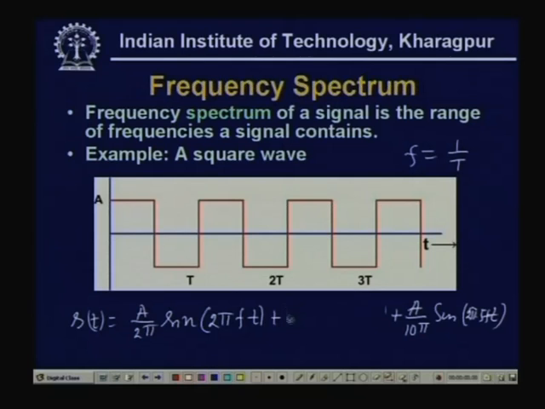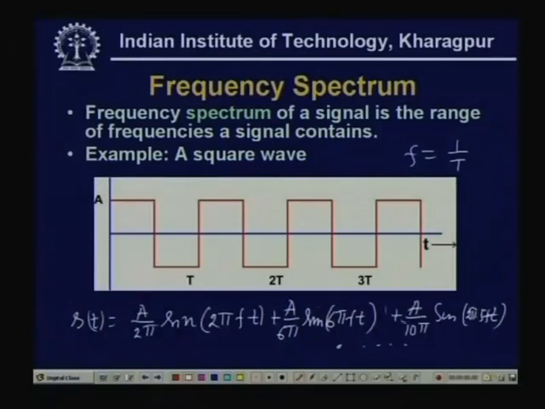So, here actually it will be A by 6 pi sine 6 pi f t. In this way it will have all the frequency components, say frequency components of 3 f, 5 f, 7 f, 9 f and so on. However, the amplitude is gradually decreased, A by 6 pi, A by 10 pi, A by 12 pi, like that it will keep on falling.